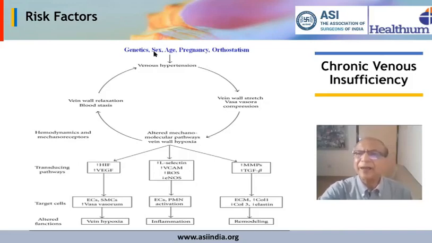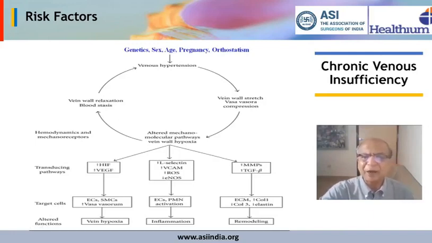Genetics, pregnancy, age, etc., cause venous hypertension. Vein walls become stretched. There is a stretch of the vasa vasorum, which is the blood supply to the vein wall itself, which gets compressed. And vein wall relaxation and blood stasis lead to venous hypertension. So this is the vicious cycle.